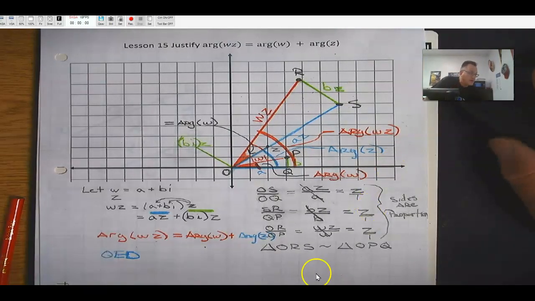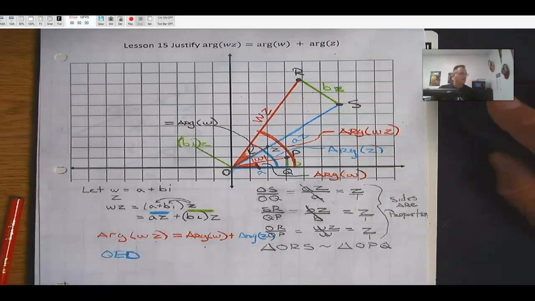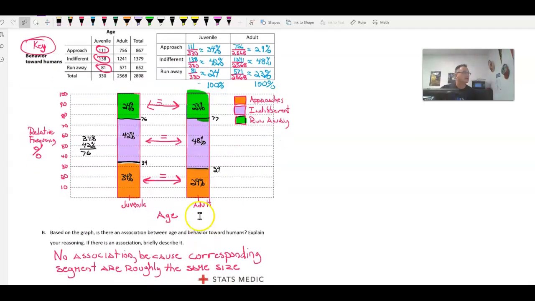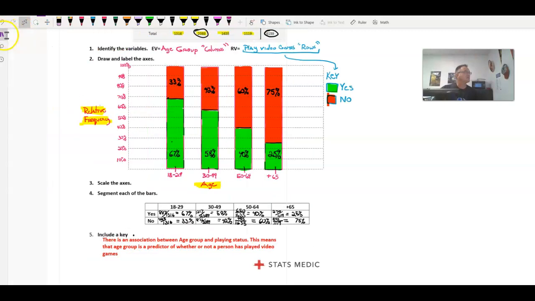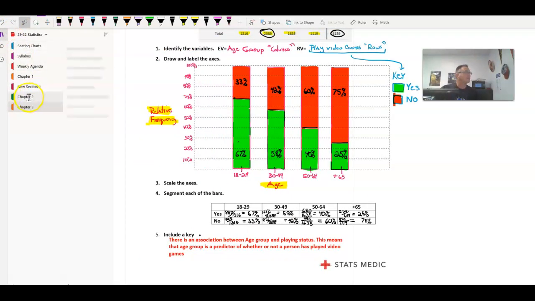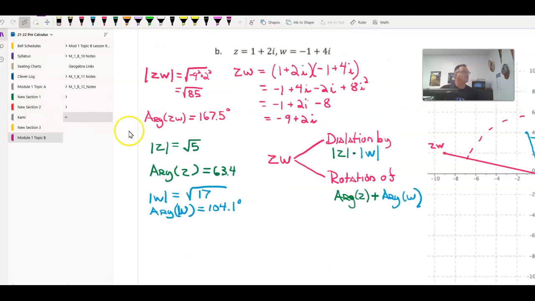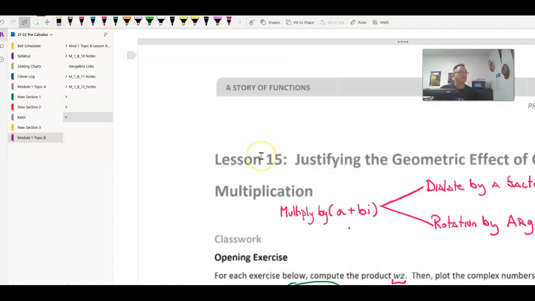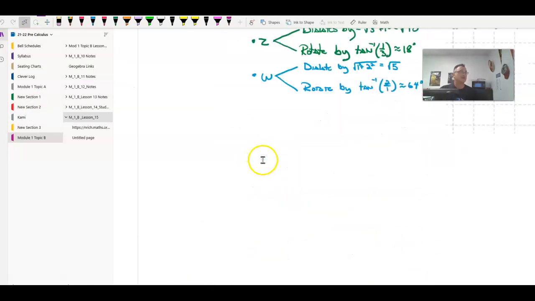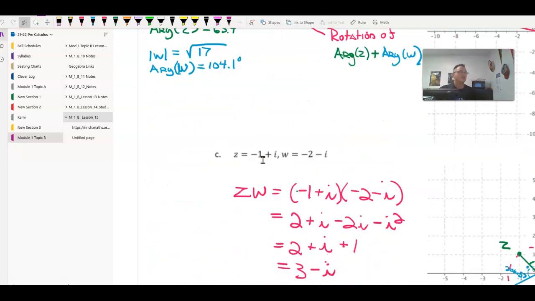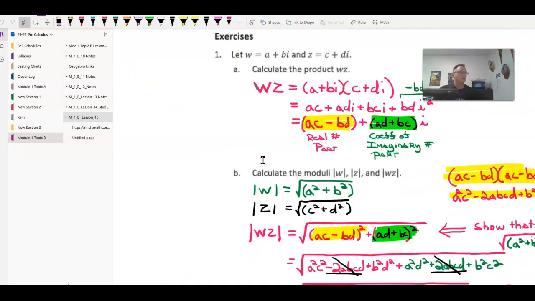Okay. The other proof that we did was, let's see, when we did the whatchamacallit, the magnitudes. Okay, that was this, right? Let's see. Right there.